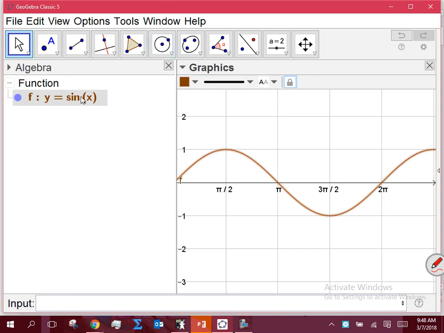But I only want to look at that between 0 and 2 pi. f of x equals sine of x, 0 is less than x is less than 2 pi.